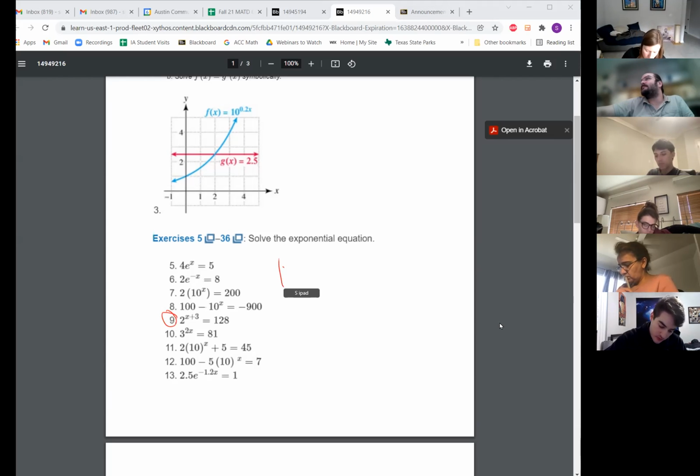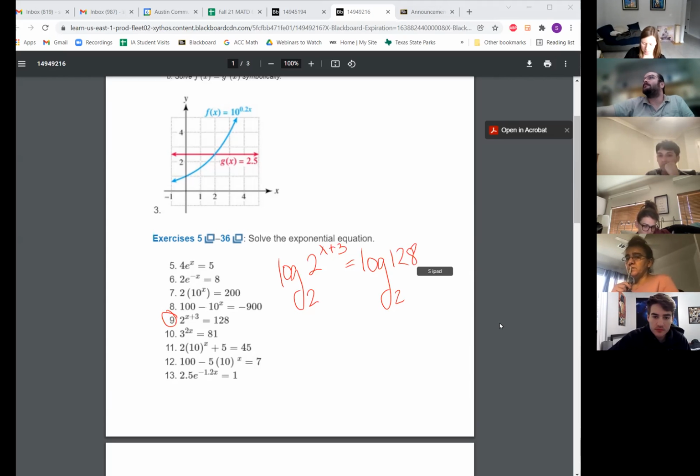Okay. Usually if you have a base like that with an exponent, it's good to have the base of your log match it. Okay. And then what? You put log base 2 of 128 in the calculator and you get 7, so it would turn that part to 7 on the right.